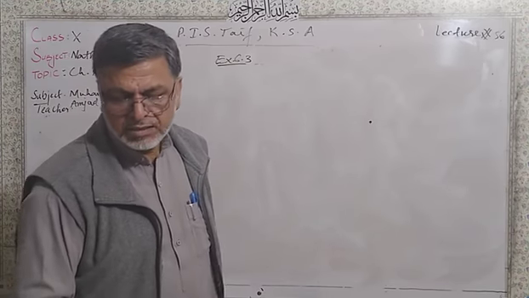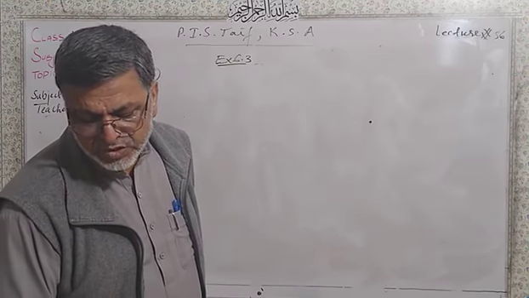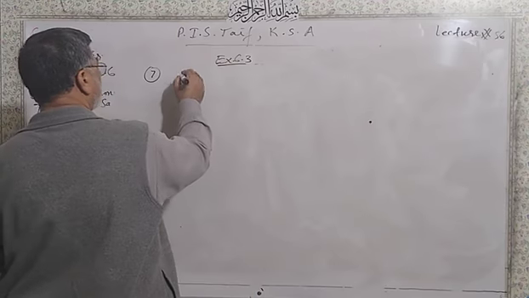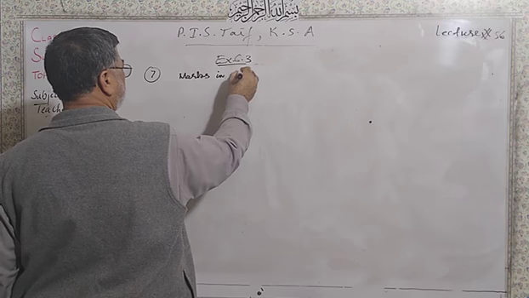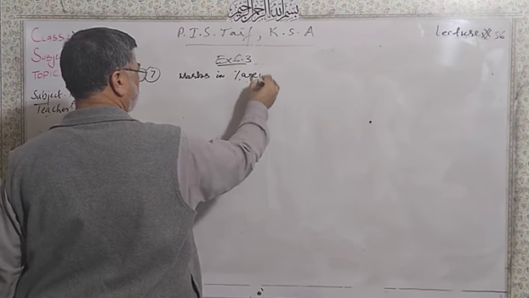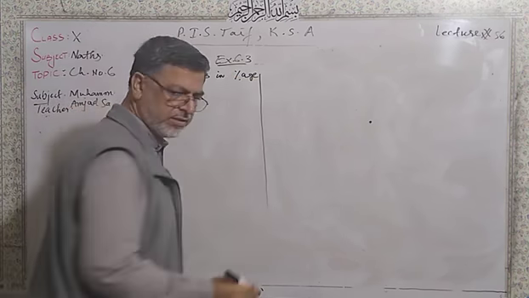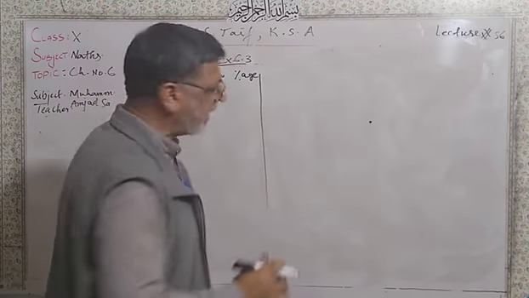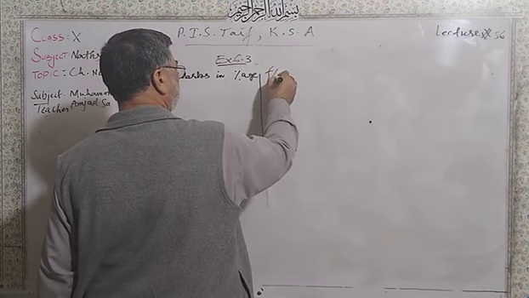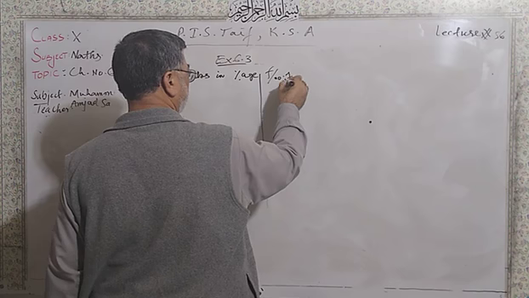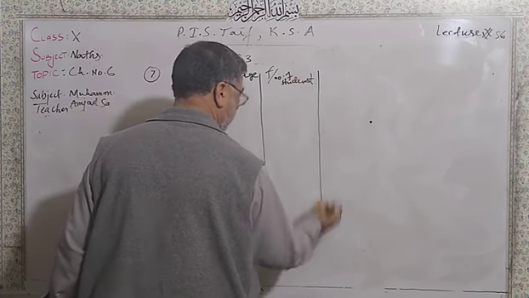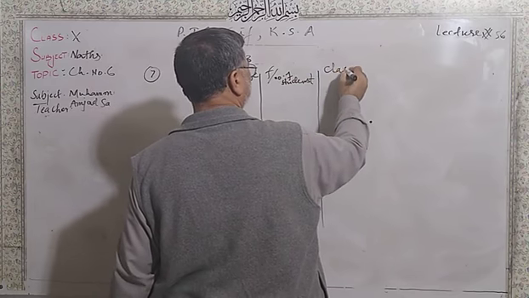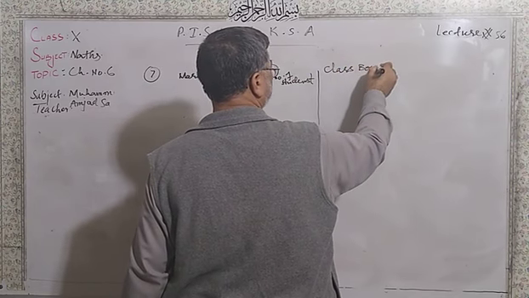Here is marks in percentage. Then we have frequency, the number of students. And after that we will find class boundaries. We need the class boundary.